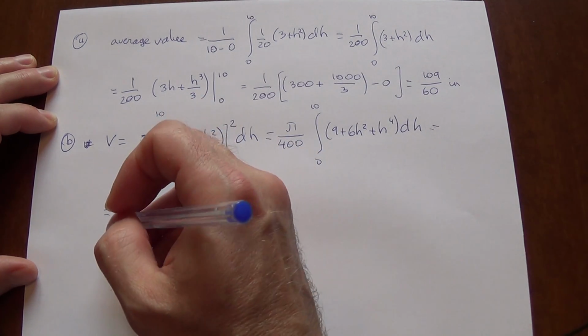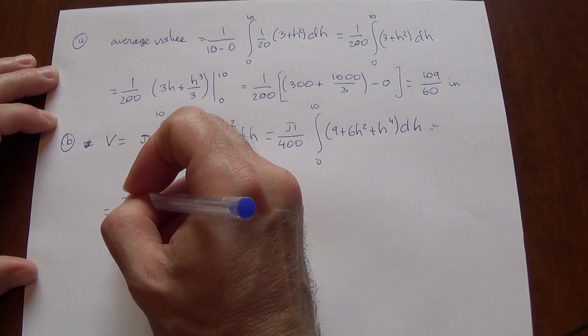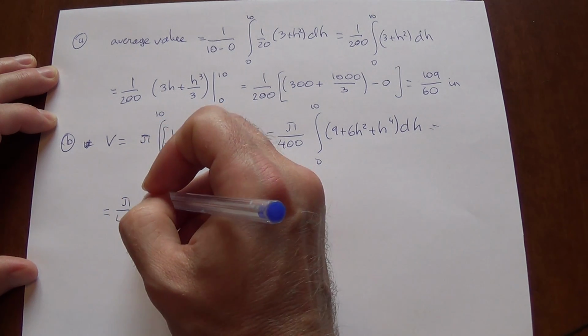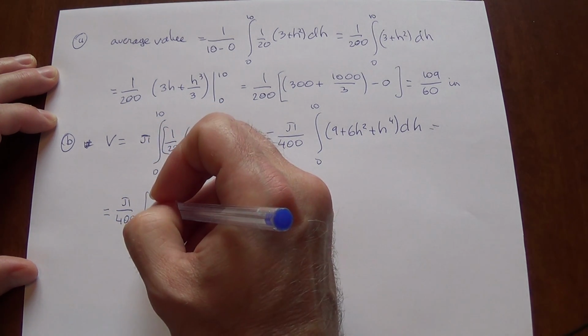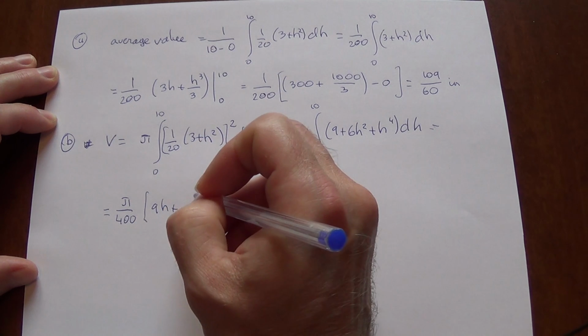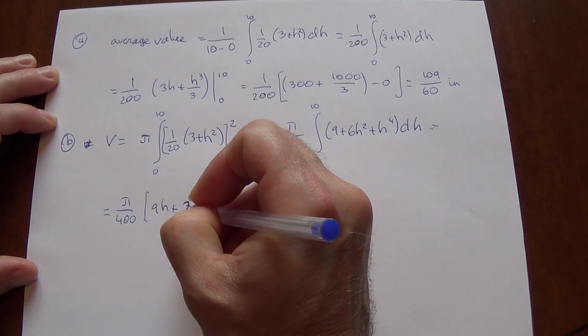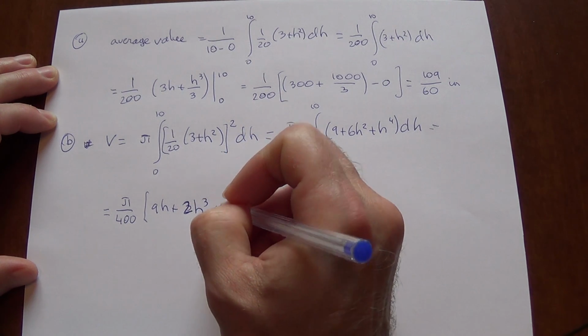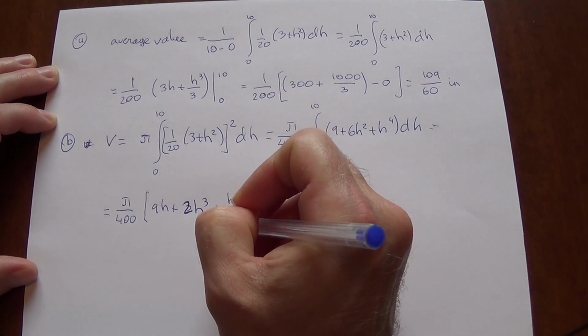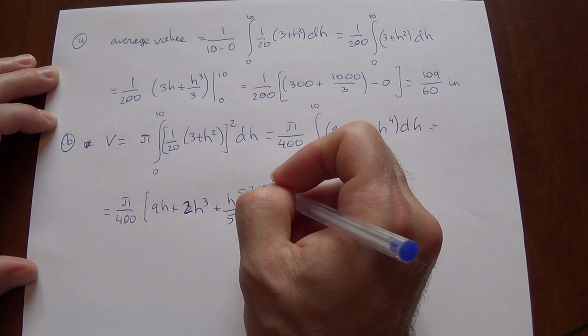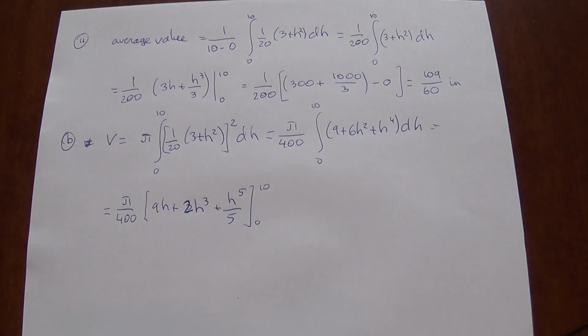It's a polynomial function, easy to integrate. So it's pi over 400. We're going to get here 9h plus 2h cubed plus h to the 5th over 5, from 0 to 10, correct?